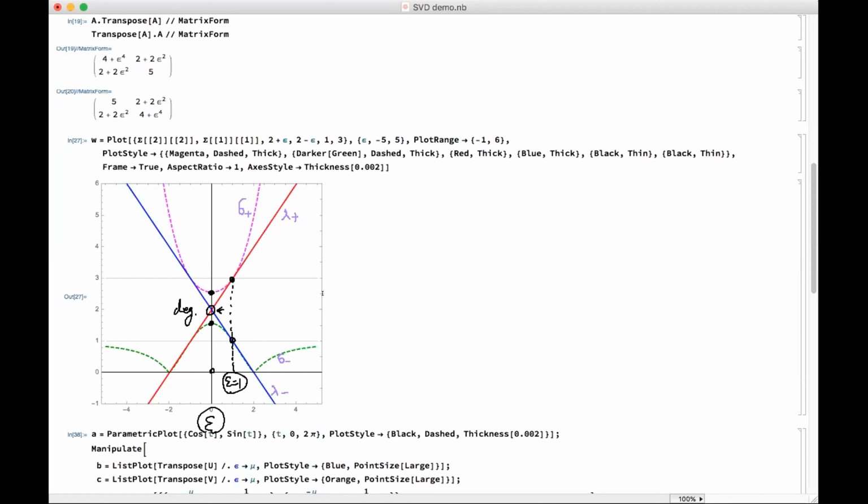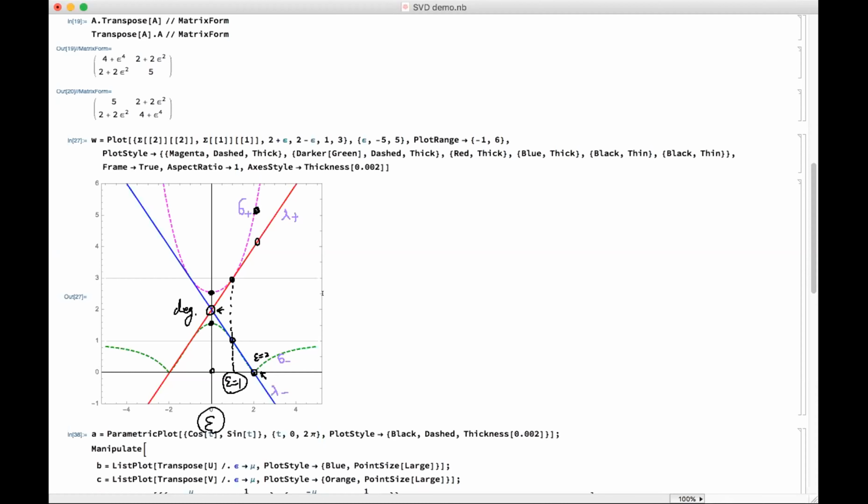If we further increase epsilon, then at another special point, epsilon equal to 2, sigma plus and lambda plus are not the same. But sigma minus and lambda minus become the same again, and they are both 0. If you look at the fine structure in between, they are slightly different.